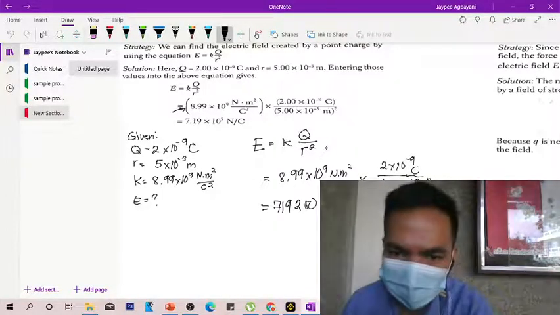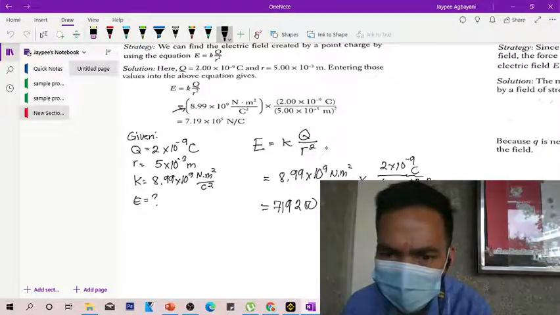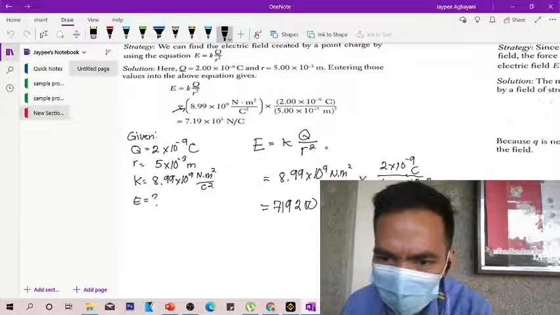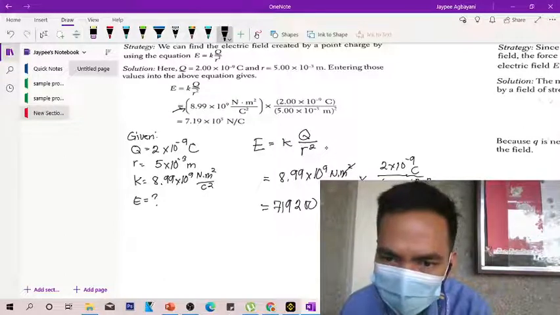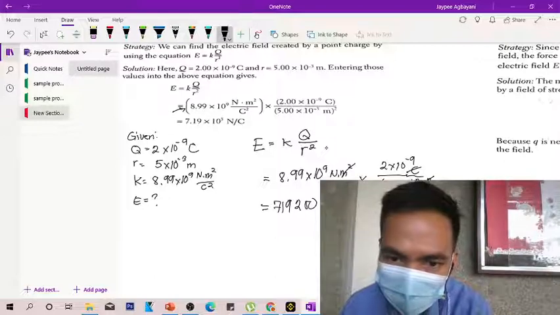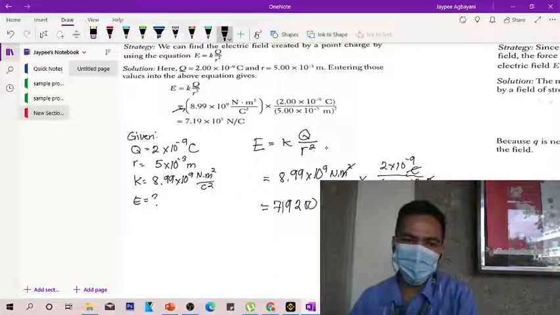And we check kung ano-ano yung pwede nating ma-cancel out. We have your m square, m square. C square, so tanggal yung C. So we are left with Newton over C. Newton per coulomb.